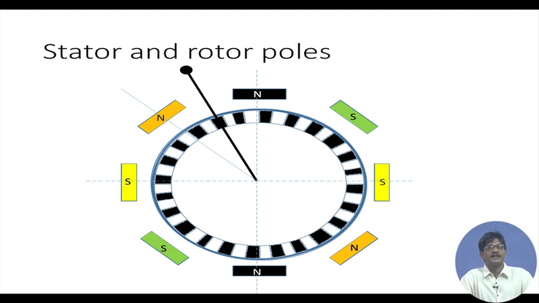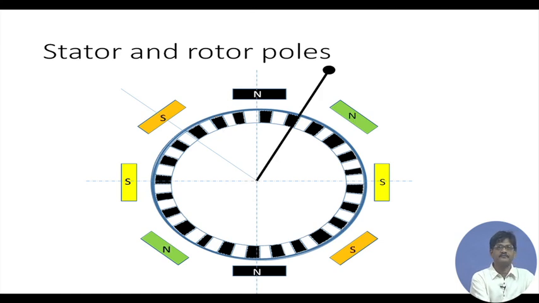So, the rotor is now electromagnetically locked in space. After this, suppose we have a change of polarity, so that this occurs. That means the orange north poles have now changed to green north poles, and the green north poles have shifted, and the orange ones have become south poles.